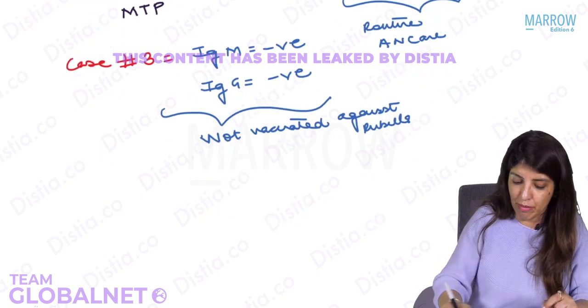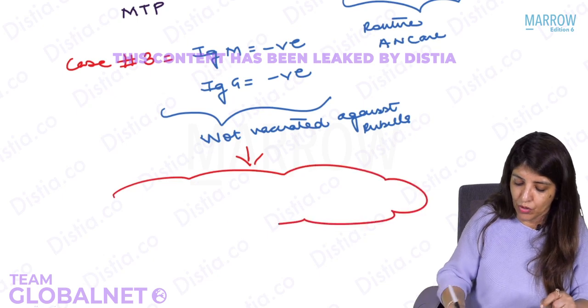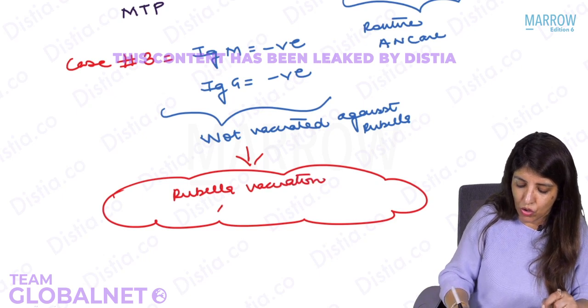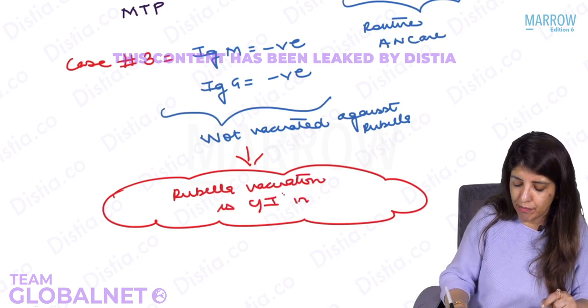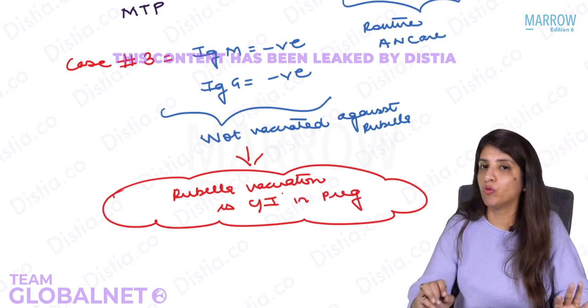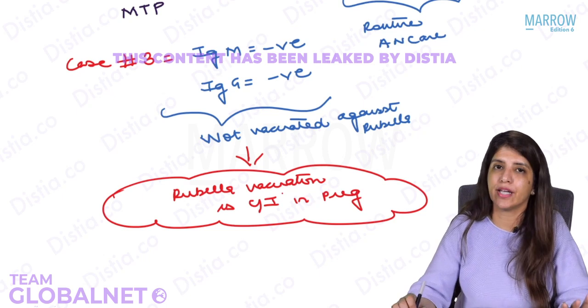Now, please remember, even if she's not vaccinated against rubella, rubella vaccination is contraindicated in pregnancy. So, I cannot do anything, right? Rubella vaccination is contraindicated in pregnancy.